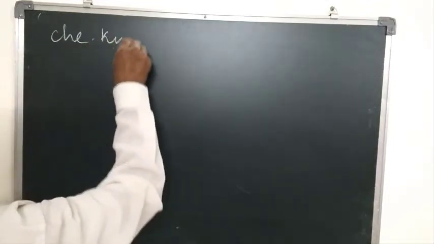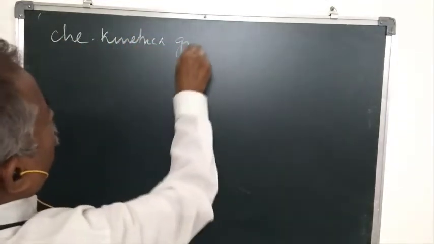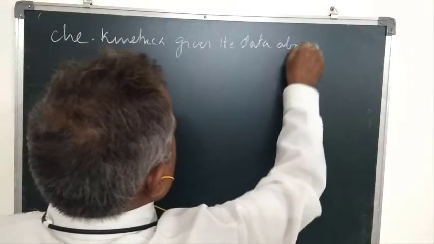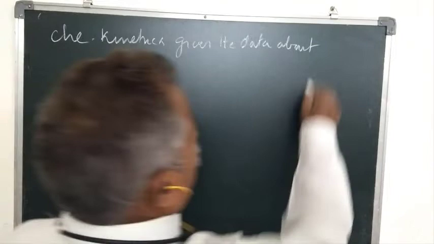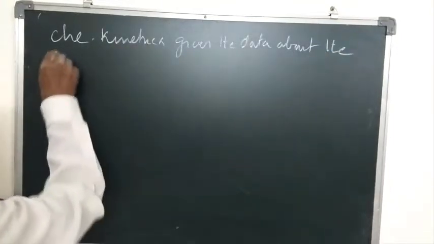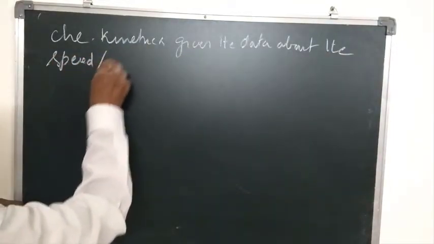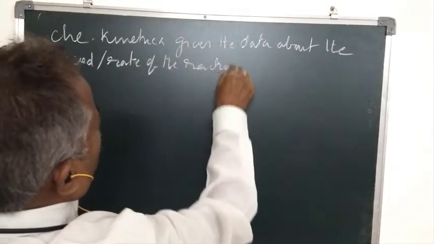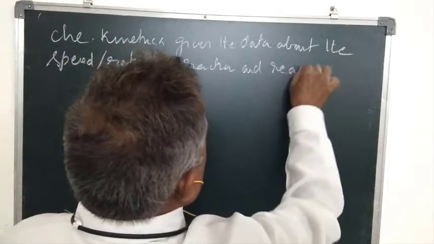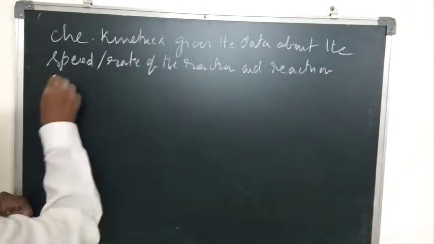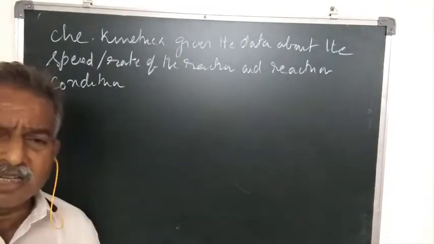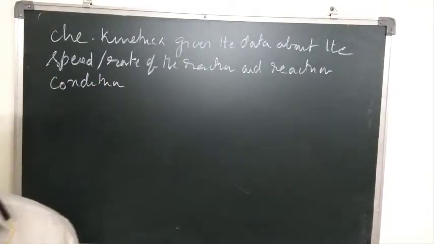So chemical kinetics gives information about the speed or rate of the reaction and reaction conditions. Both these data will be given by chemical kinetics.